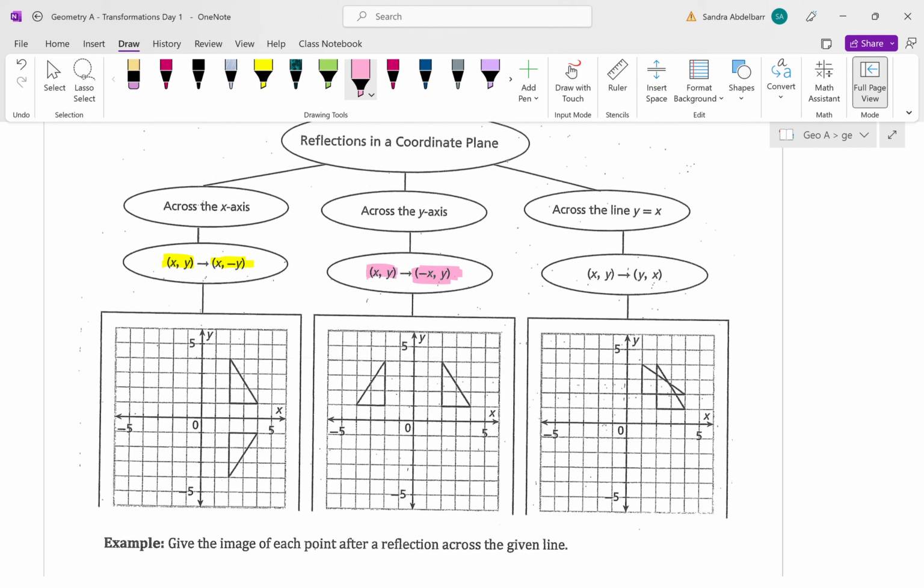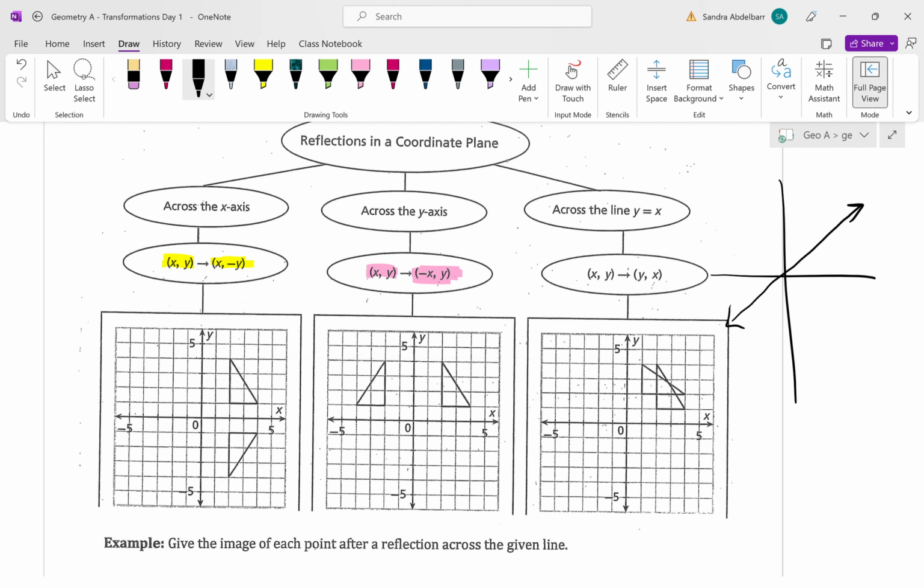And the shortcut rule for reflection over the line y equals x. Does everybody know what the line y equals x looks like? It's a line through the origin like that. It's a reflection over that line. So for this, it's saying switch x and y coordinates. We're not negating anything. We're just switching the x and y coordinates.